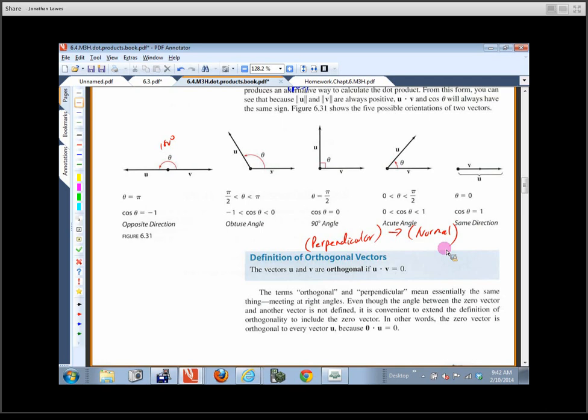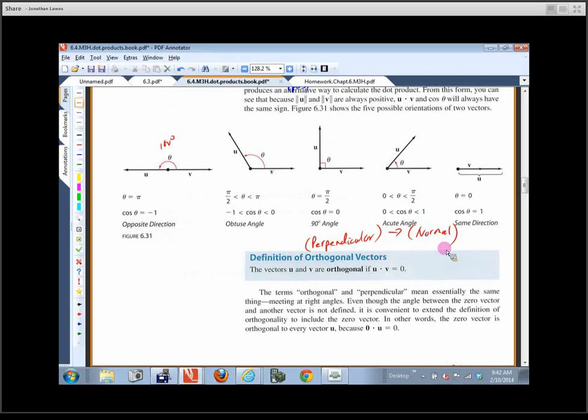So when we use the word perpendicular, we're usually talking about lines, right? If we're talking about vectors, we differentiate that just slightly and we use the word orthogonal, okay? So if we say we've got these things that are orthogonal, they're usually going to be vectors. Now, if you said the two lines are orthogonal, would that still be correct?